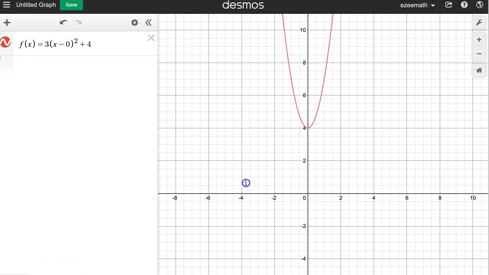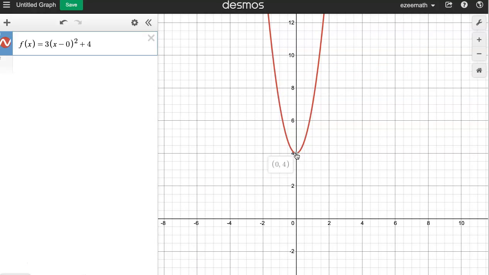This is the graph of the function. Now you see, this is the vertex and also the y-intercept. This graph is intersecting the y-axis at 4. So that is your y-intercept, and even the vertex, that's what you had.